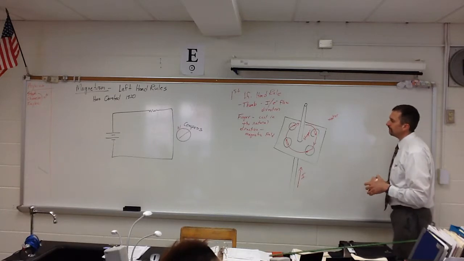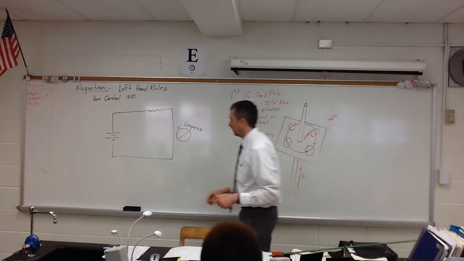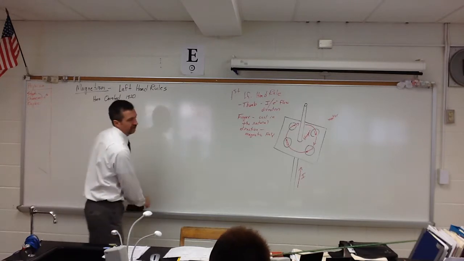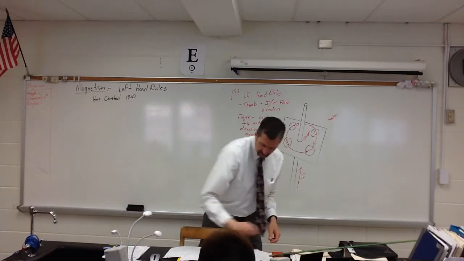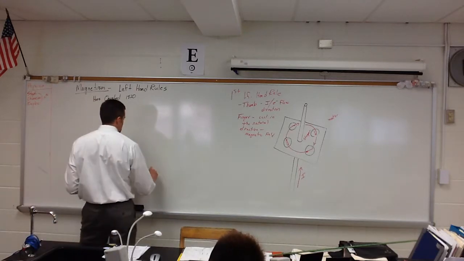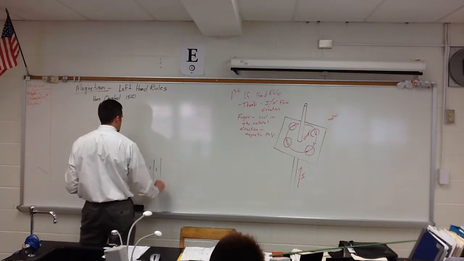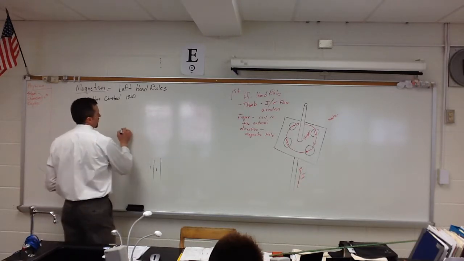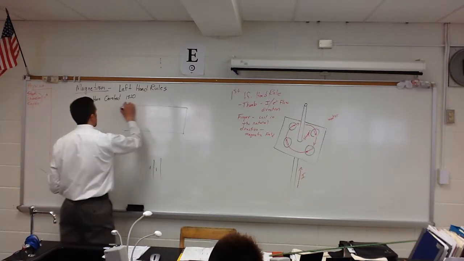Okay? So let's do another example and see if you can follow what's going on here. I'll let you try to figure this one out. So what if I drew a picture like this? I have a battery. And I'm gonna draw a big piece of cardboard here.